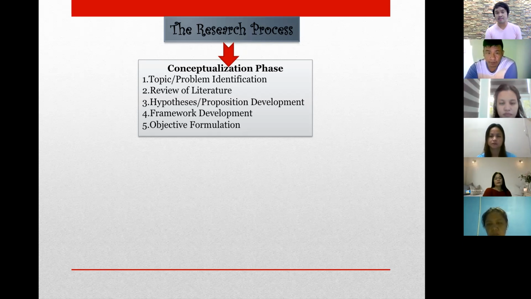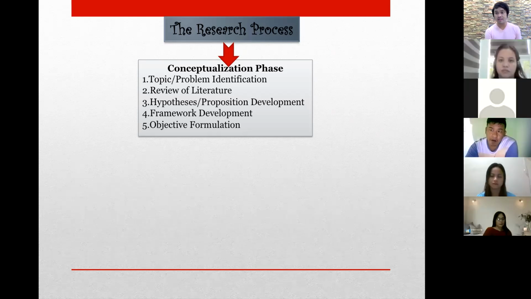In our case, since we are quantitative, the most commonly used method for quantitative, making inferences, is the IV-DV model. And finally, formulation of objectives. So that is part of the conceptualization phase.